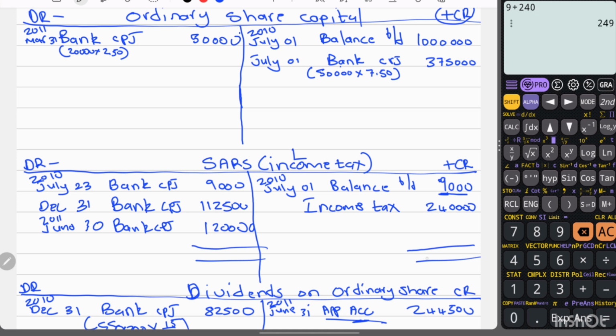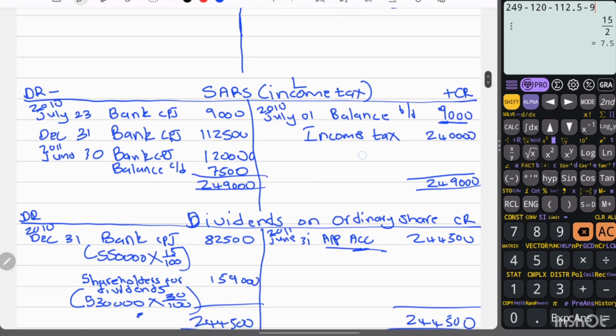So that means my credit side is bigger than my debit side. Then I'm going to balance both sides with my credit side. It's going to be 249 minus 120 minus 12,5 minus 9. Then it's going to be 7,500, and that's the balance. Balance carried down.